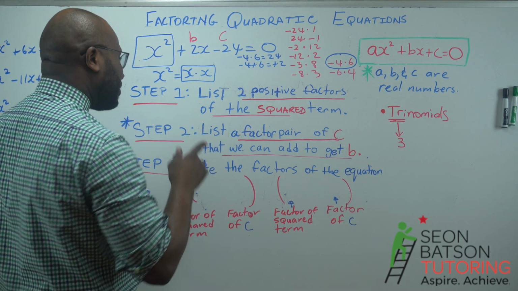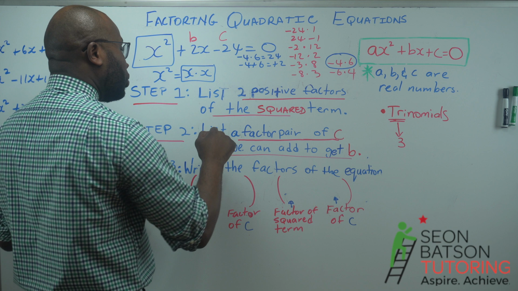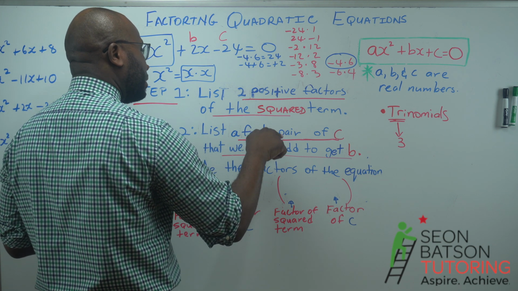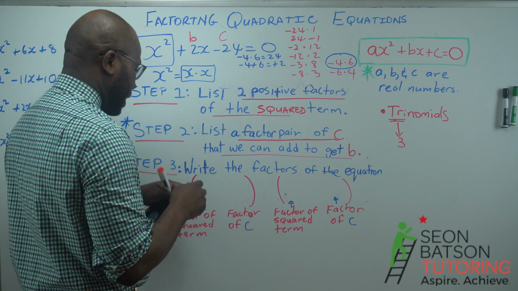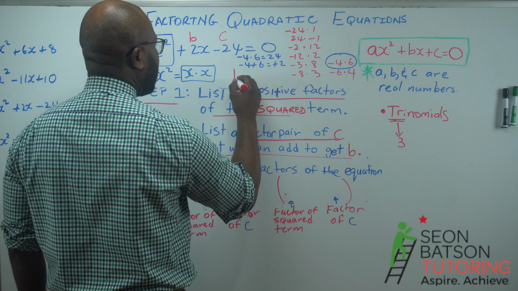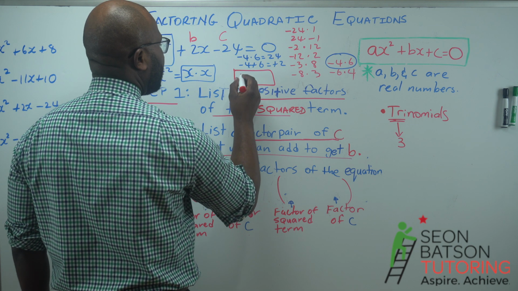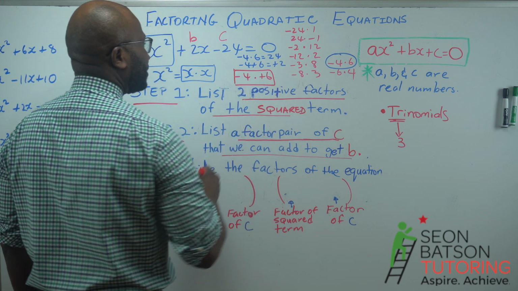So we have found the factor pair of c that we can add to get b, or we have found the factor pair of negative 24 that we can add to get positive 2. And that factor pair is, say it, let me hear, negative 4 and positive 6.